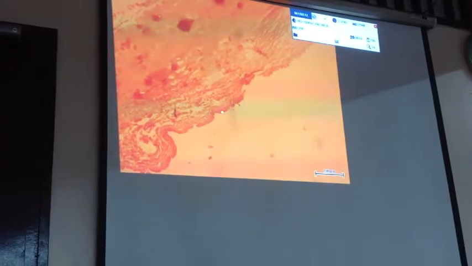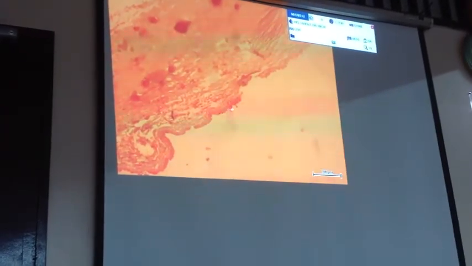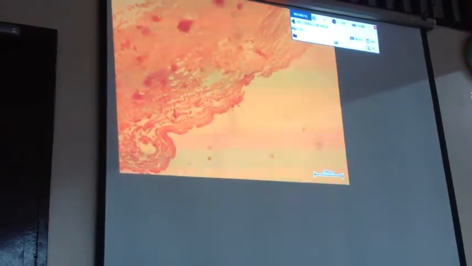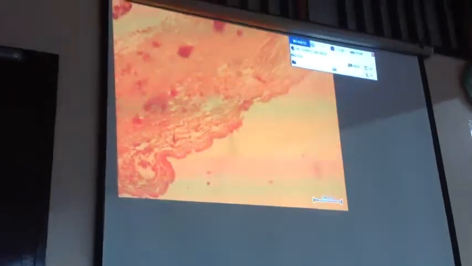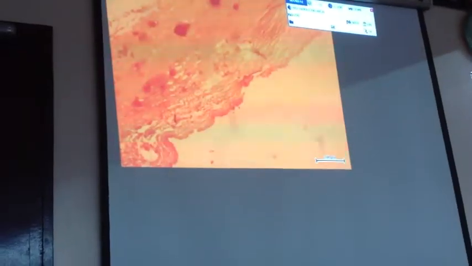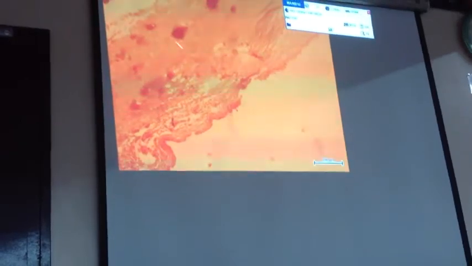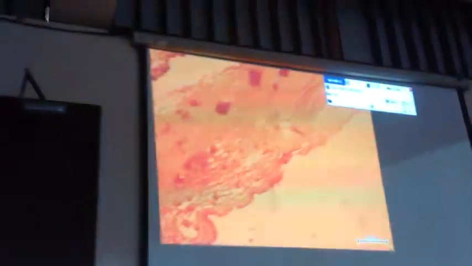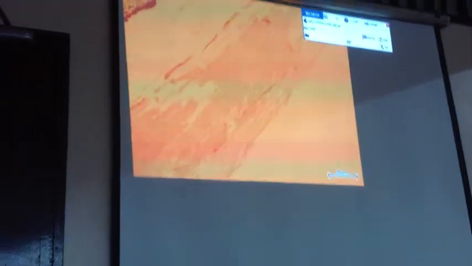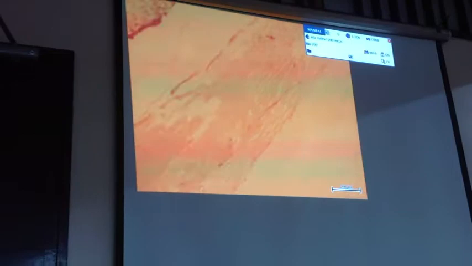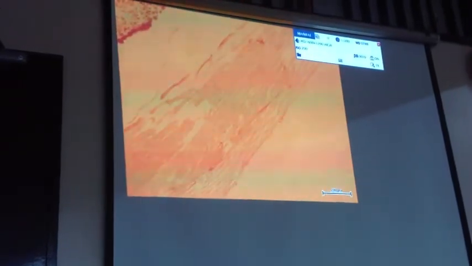That epithelium rests on a basement membrane, specifically called Bowman's membrane. Then the thick portion of the cornea is called the stroma, which is composed of what type of fibers? Collagen fibers. Dense regular or dense irregular?